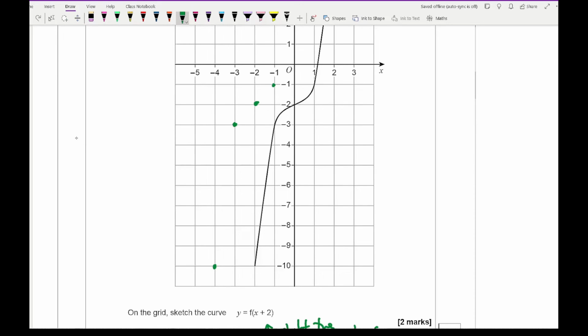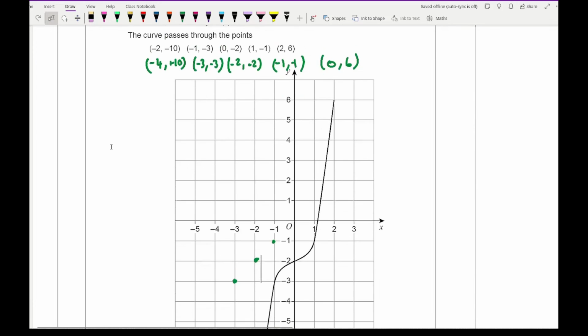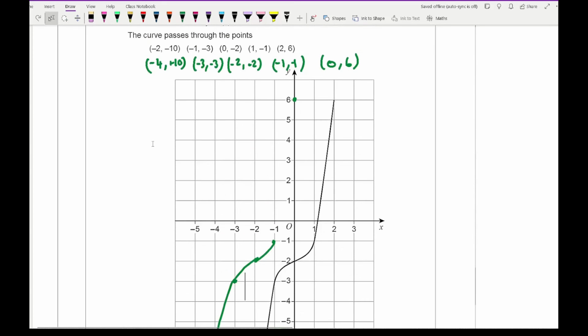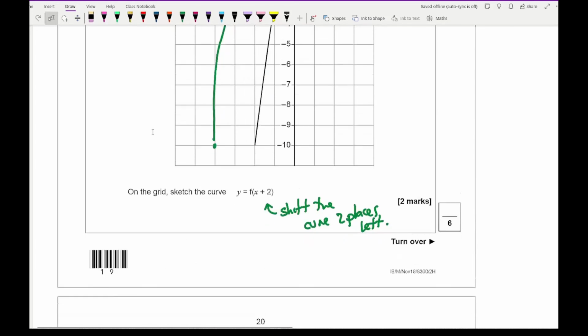At 0, there's not a point at 0. And 0, 6. We just check, yep, that seems to be right. Then joining those points up, we should get something that looks like that. Yours hopefully will be a lot neater.